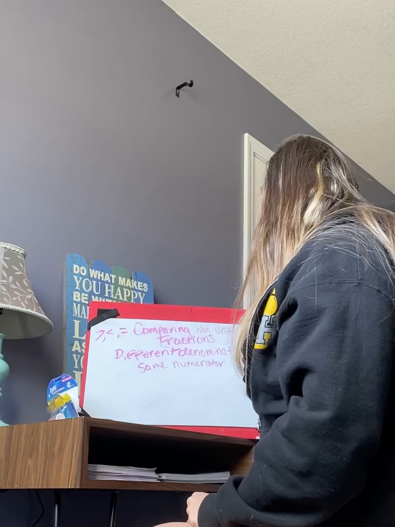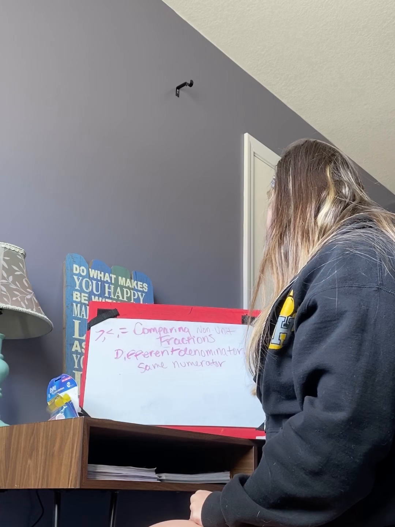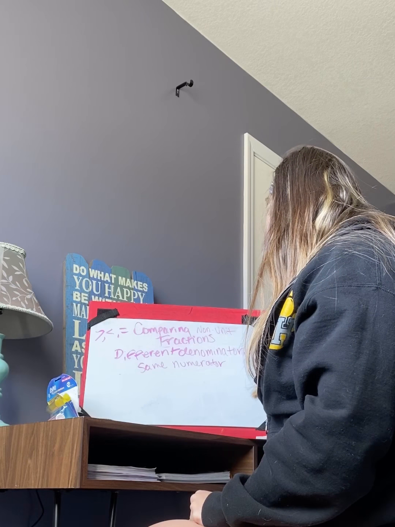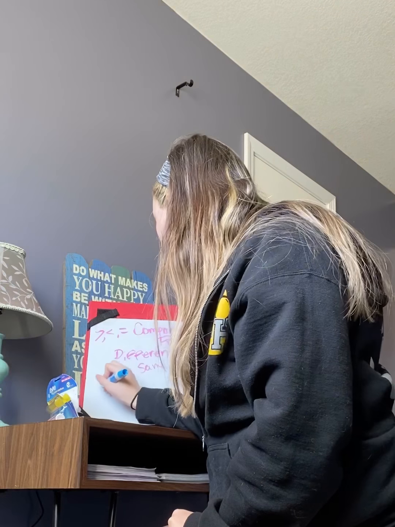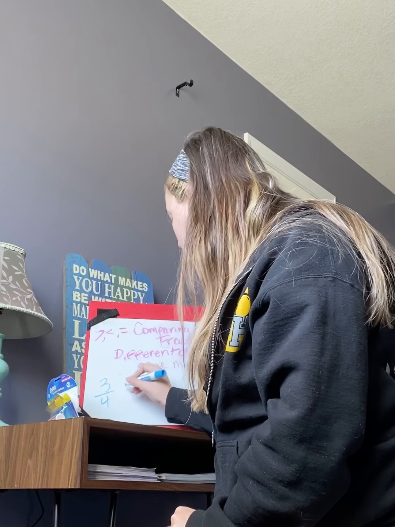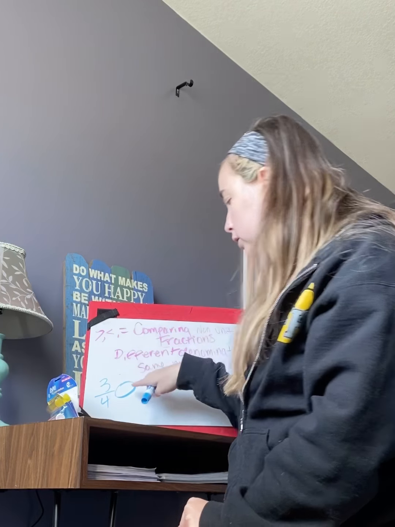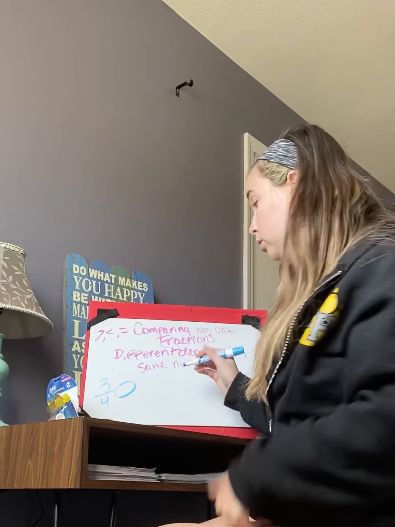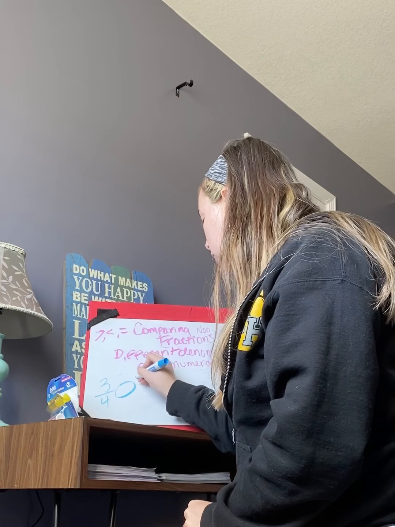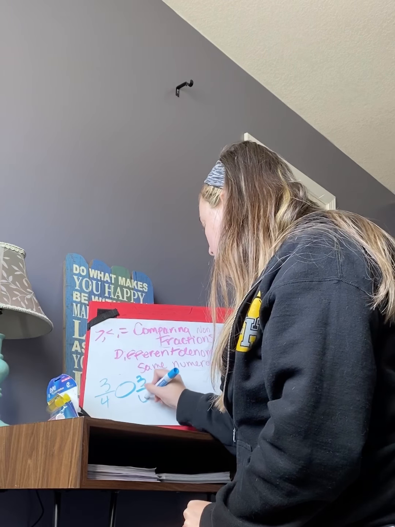So let's think of another one we could do with the same numerator. For example, we could have 3/4 compared to, and that circle represents the missing symbol of greater than, less than, or equal to, 3/4 compared to, let's say, 3/6.